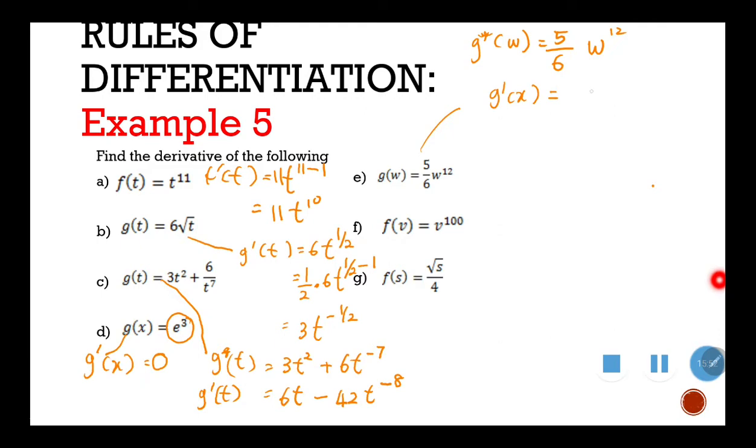So put 12 at the front, 12 minus 1, and then you will get here 10W to the power of 11. Okay, this one is really easy. So f prime v is 100v to the power of 100 minus 1, you get 99.